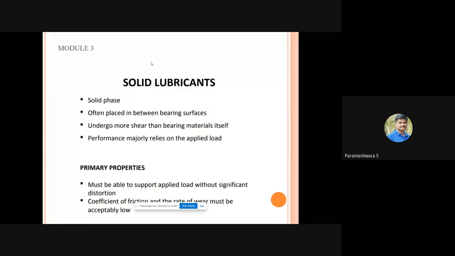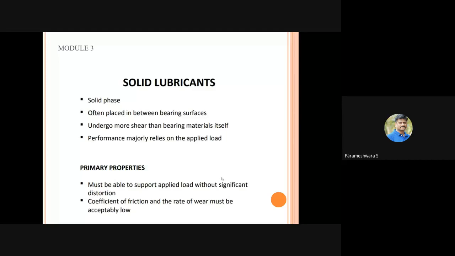And the primary properties: it must be able to support applied load without significant distortion. This is one of the important properties of a solid lubricant. Then the coefficient of friction and the rate of wear must be acceptably low. See, what is this coefficient of friction?